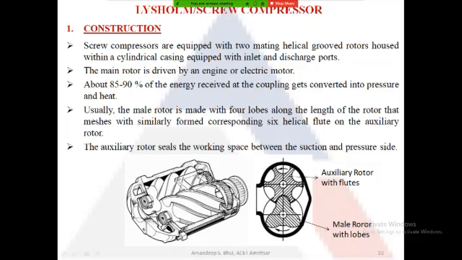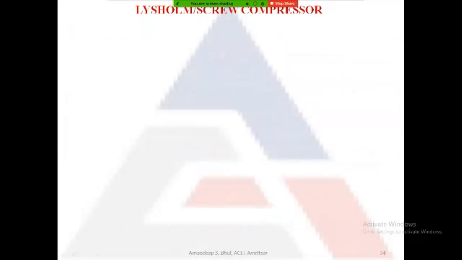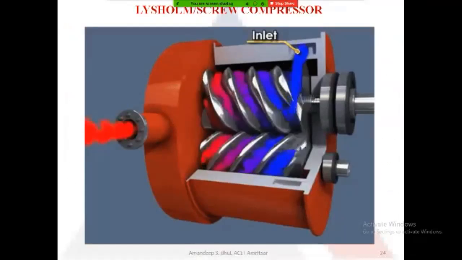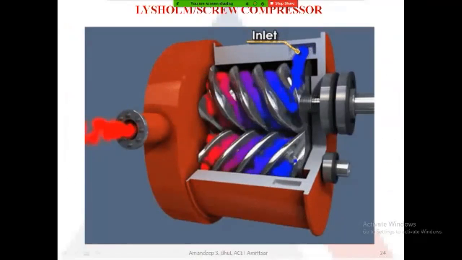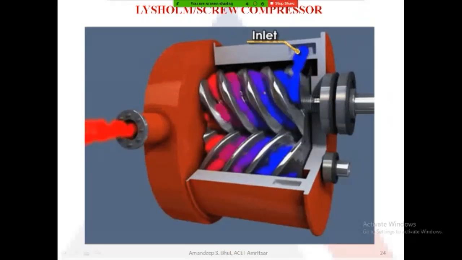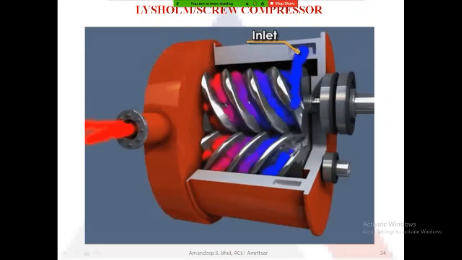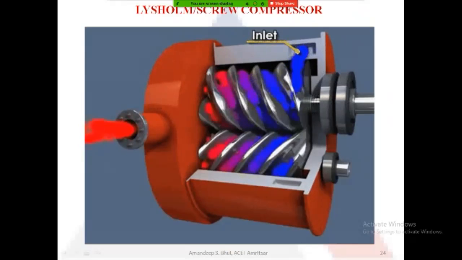So 80 to 90% of the energy that is supplied gets converted into pressure. Now, if we look at the working part, as the rotors rotate, this diagram here will be more clear. This is the inlet part where the blue air is coming in, and on the left hand side, you can see the red air that is coming out, which is the compressed air.